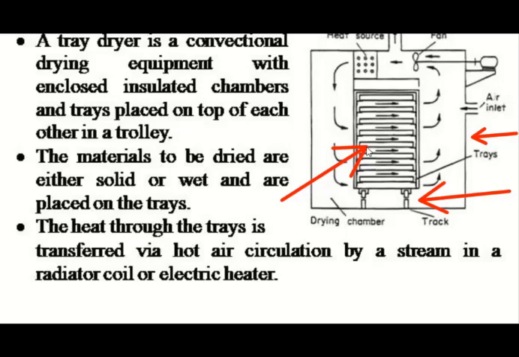The material to be dried, either solid or wet, is placed on the trays. The heat through the trays is transferred via hot air circulation by steam in a radiator coil or electric heaters.